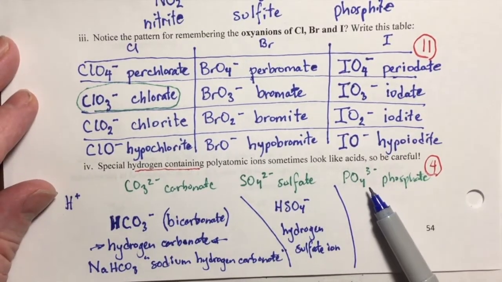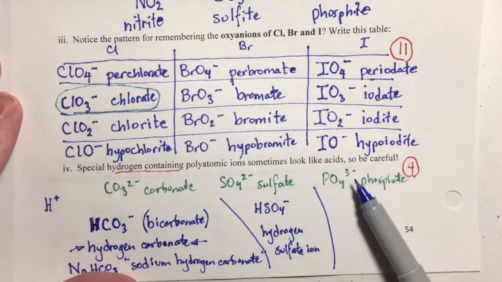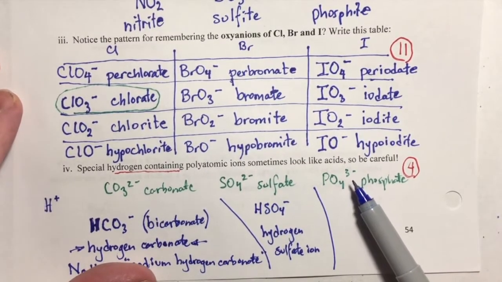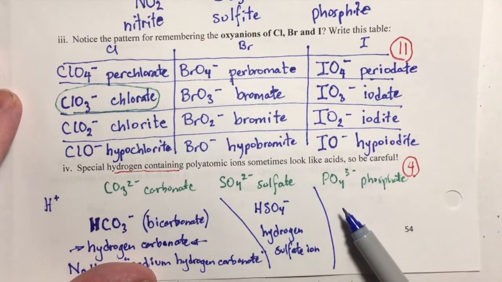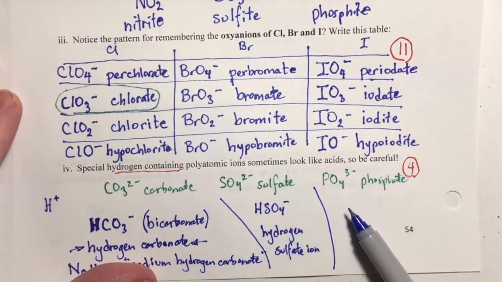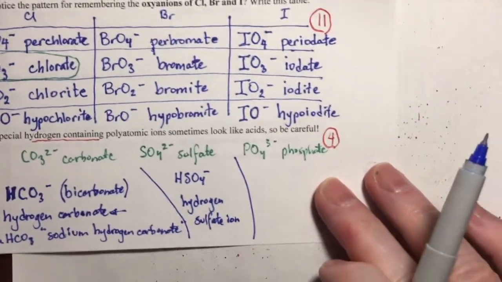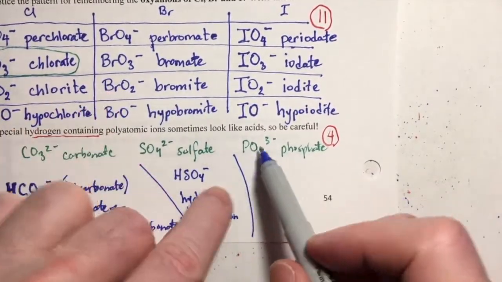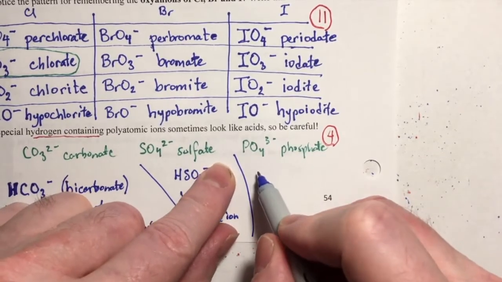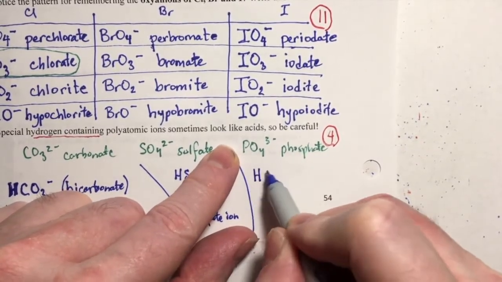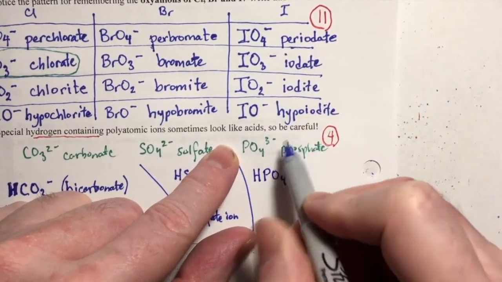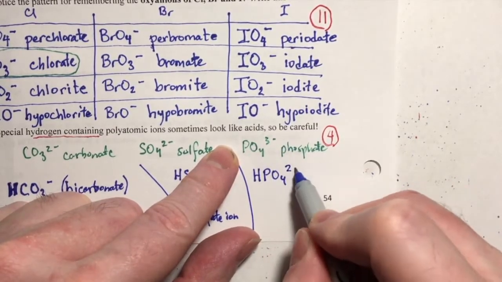When we look at phosphate, however, phosphate has a 3- charge on it, which means I could add one hydrogen to create a 2- charged ion, or I could add another hydrogen to create a 1- charged ion. That's exactly what we're going to do right here. If I add a single hydrogen, which brings a positive charge, then I get an HPO4, and this 3- becomes a 2-.